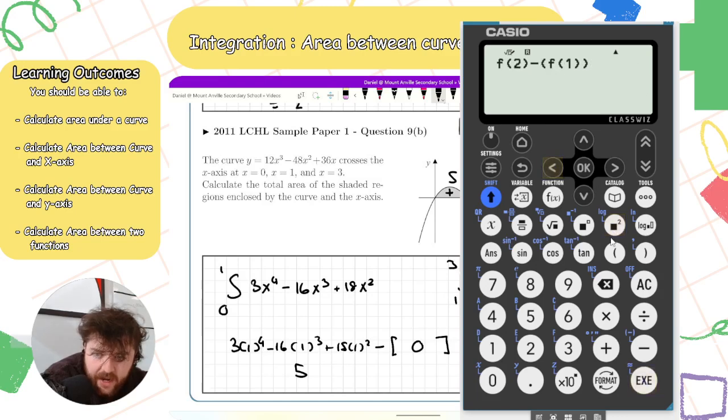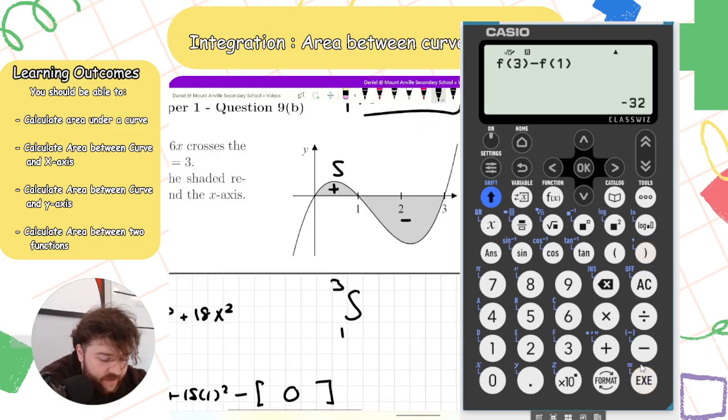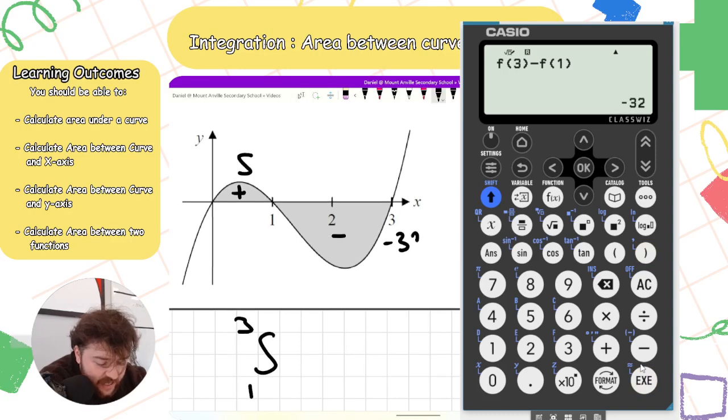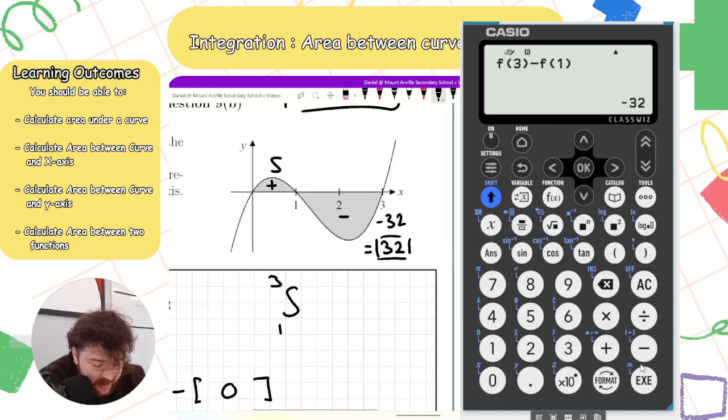Then I'm evaluating my function at 3 and subtracting it at 1. My answer for this area is negative 32, but again, we can't have negative area, so that becomes positive 32.